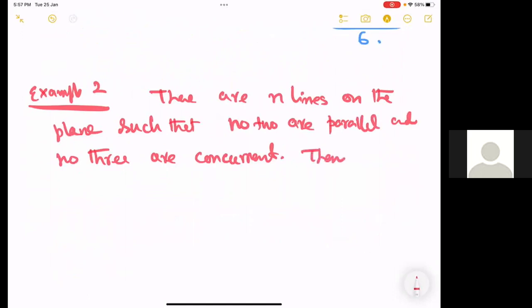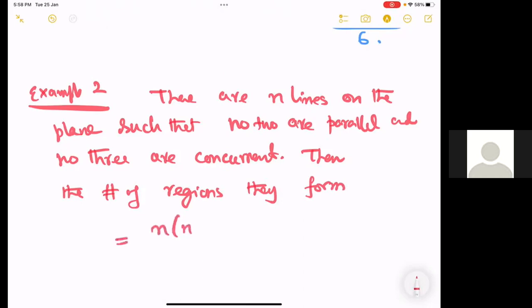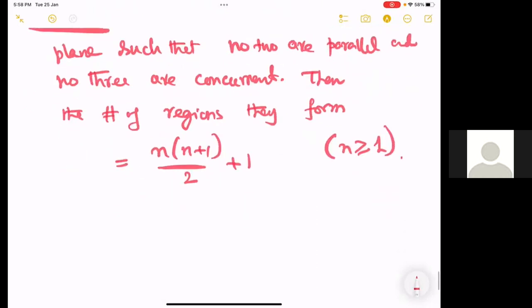Then the number of regions they form is equal to n into n plus 1 by 2 plus 1. Let's assume n is equal to 2. This is the problem, right? I hope the problem statement is clear.